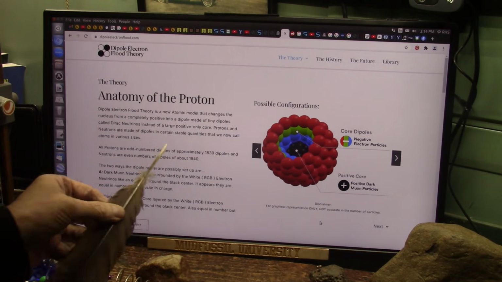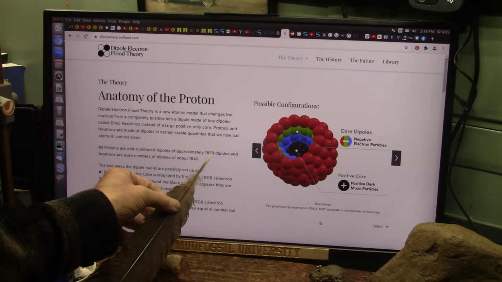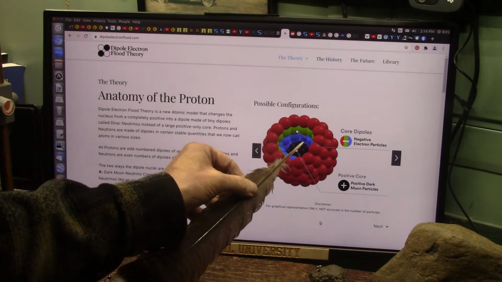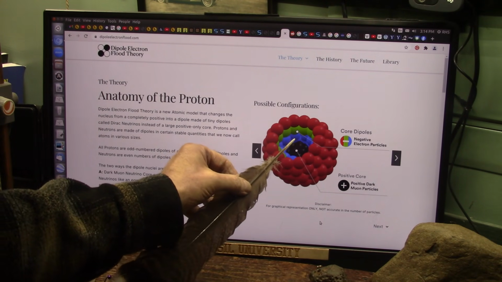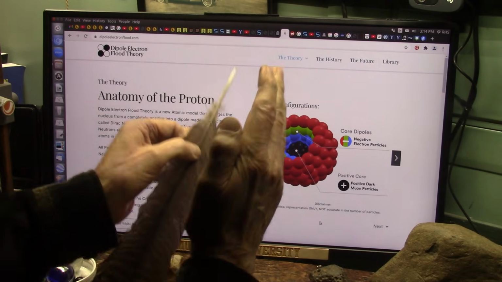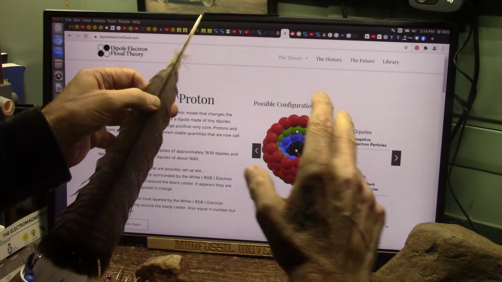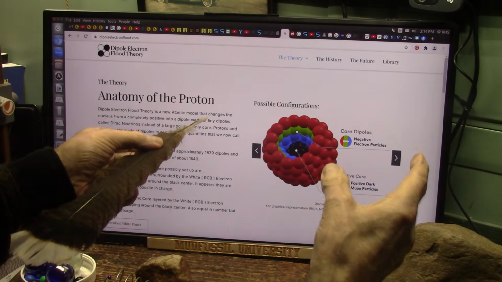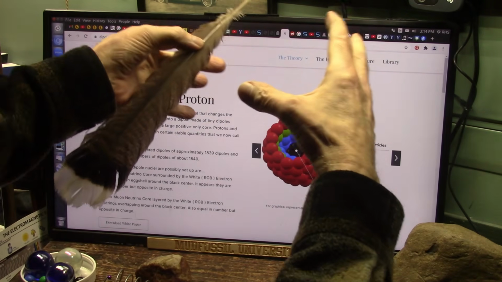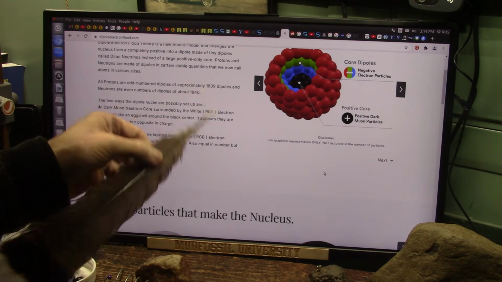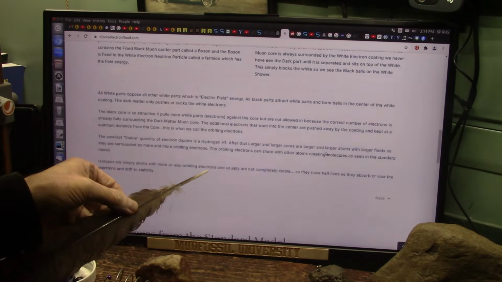Now, I'm saying that 1,839 dipoles make up one proton, which would be a hydrogen. All right, there's different states of hydrogen, and that's why there's all different numbers of electrons on there. Plus you get static, which is buildup of extra electrons, which are dipoles, and there's all kinds of things going on that they don't take into account.